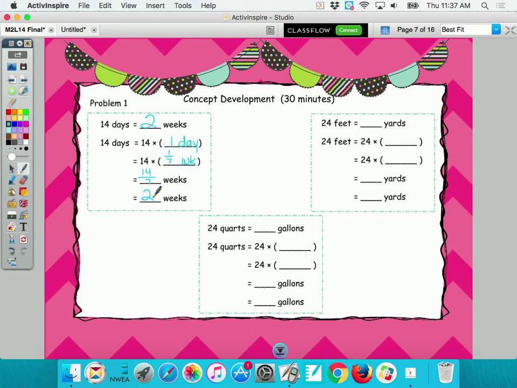Okay, so the next one, we've got to figure out how many yards 24 feet is. So in order to do that, 24 feet is 24 copies of what? 1 foot. Now, do you remember when I said just write a 1 and keep your label the same? Well, that doesn't work with feet and foot, does it? No. So then I need to figure out, 1 foot equals how many yards? 1/3 yard.